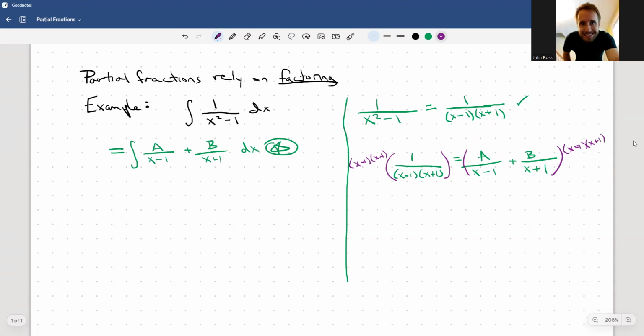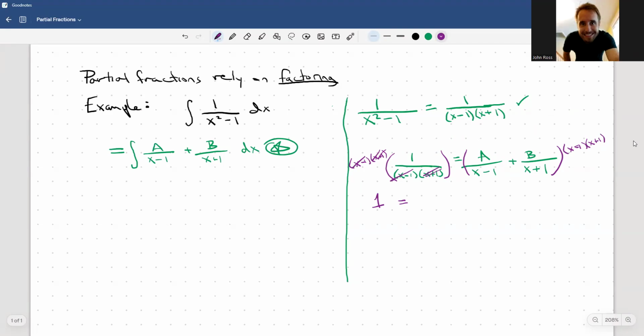So in doing this, the left-hand side is definitely just going to be 1, right? Notice we have an x minus 1 times x plus 1 in both the numerator and denominator. So the x minus 1s are going to cancel, the x plus 1s are going to cancel, and we're just left with a 1. What happens on the right-hand side?